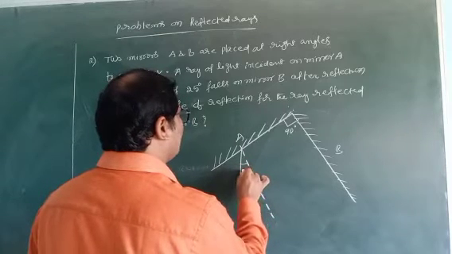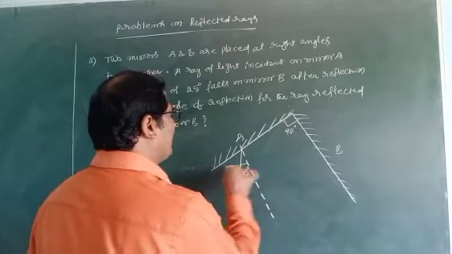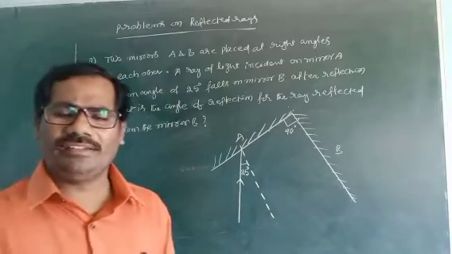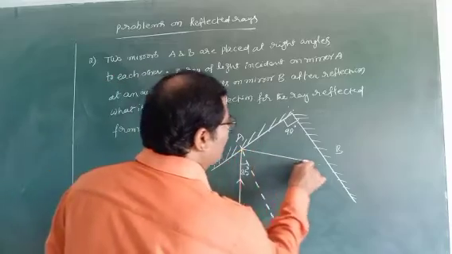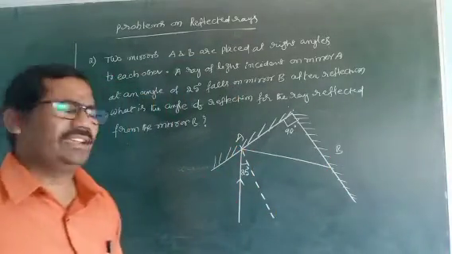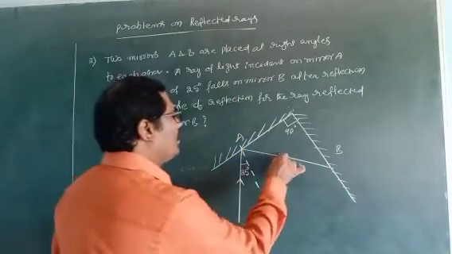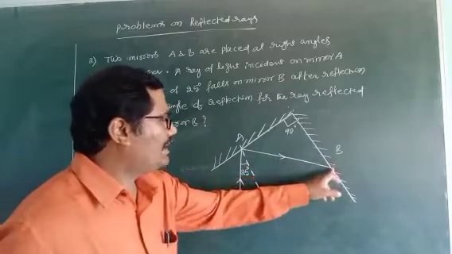The angle of incidence is 25 degrees. Then it is reflected by the mirror and goes to B.